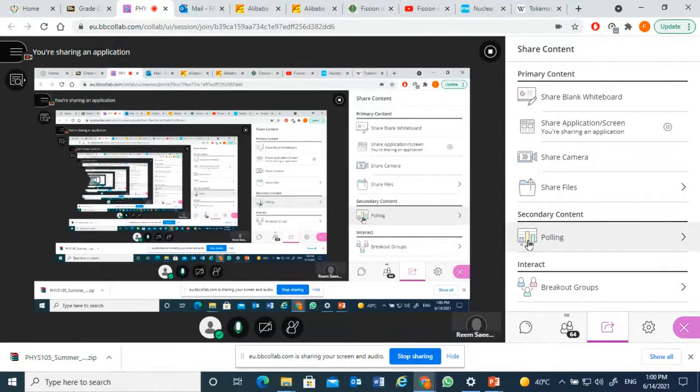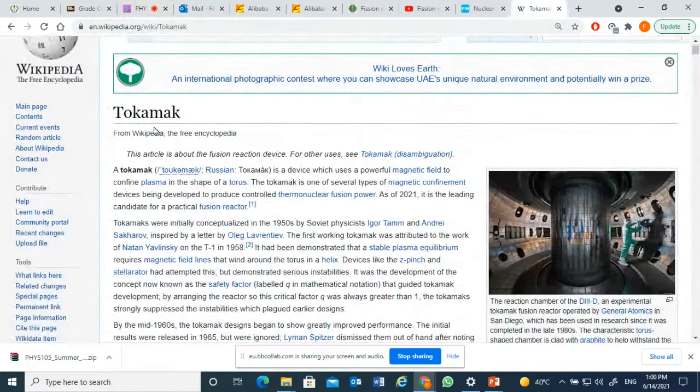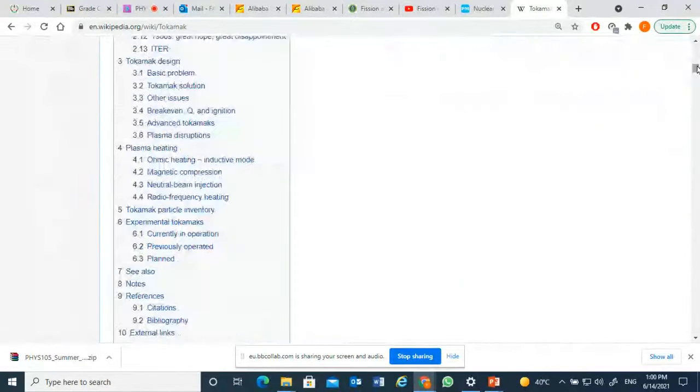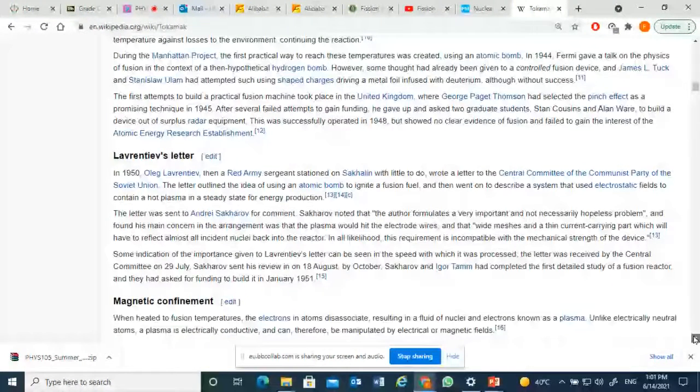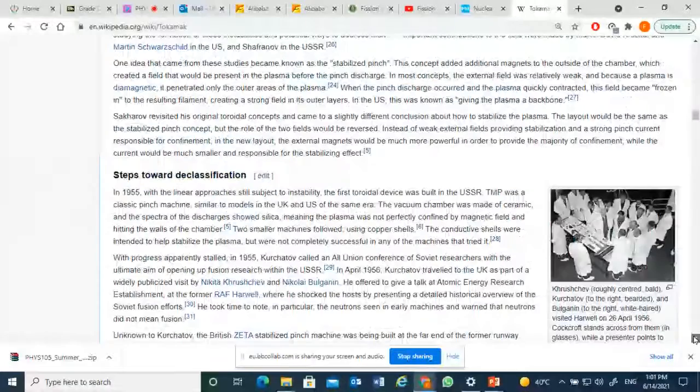But the problem is, you need very high temperatures. And you need to confine the plasma to do that. Now, this is what we call the tokamak. It is a design where you can basically use a magnetic field to confine the plasma.